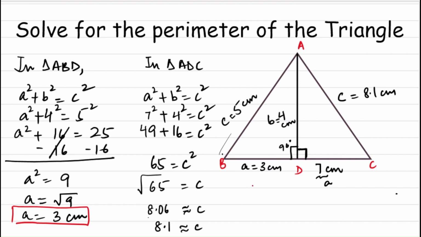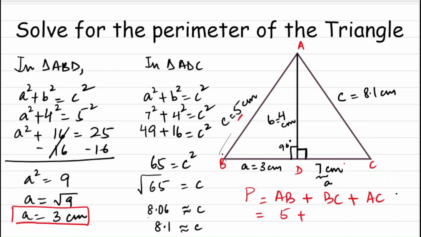Now I need to find the perimeter. Perimeter means AB plus this whole BC plus this AC. All the three outer sides added together give you the perimeter. What is AB? It comes out to be 5.